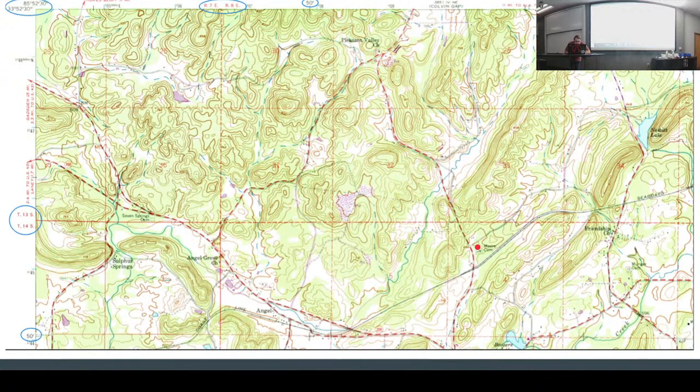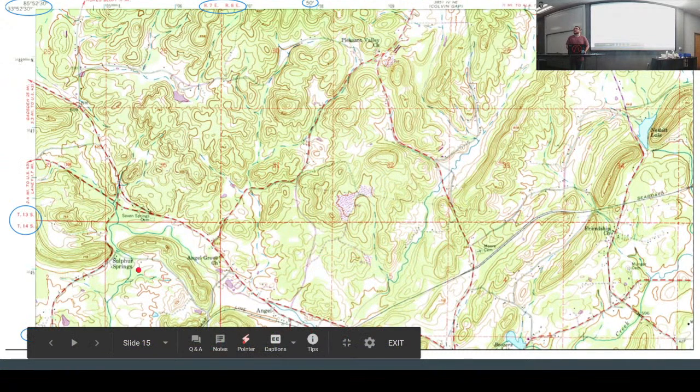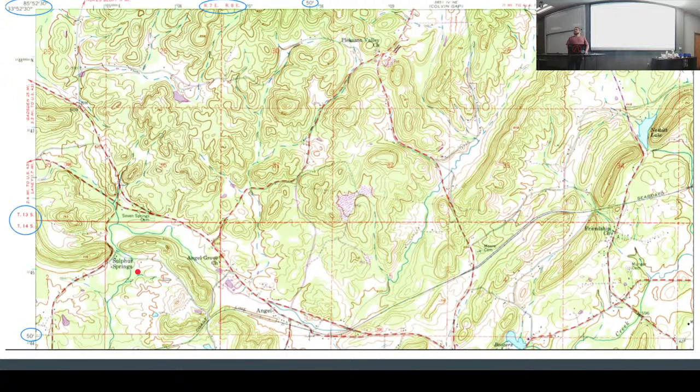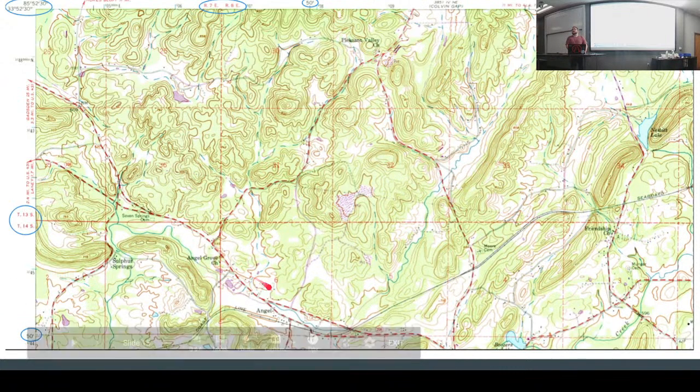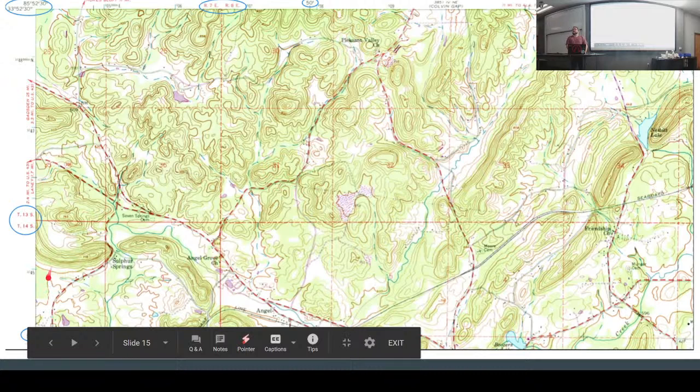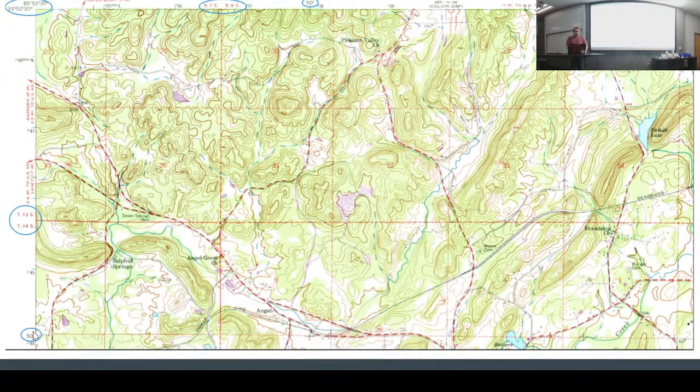So let's say we are going to get the lat and long of, I think this is Sulphur Springs. Trust me, there's a 50-minute symbol right here in the bottom left.